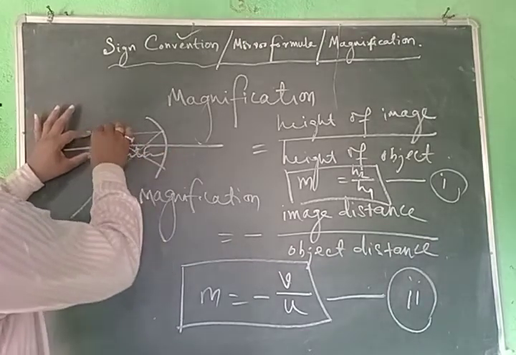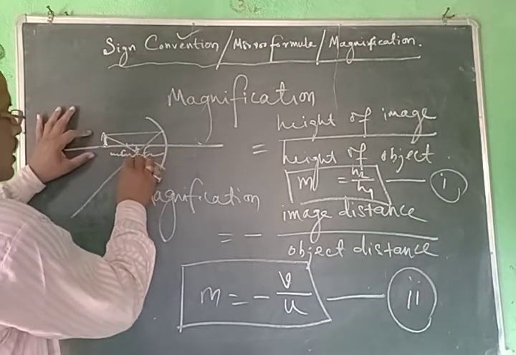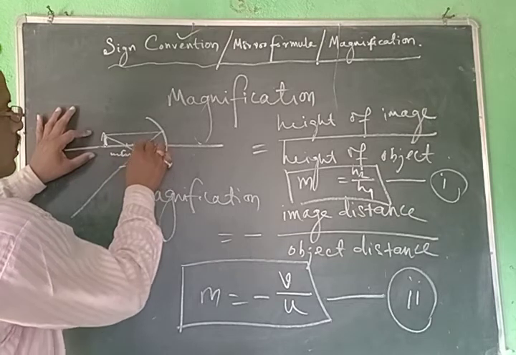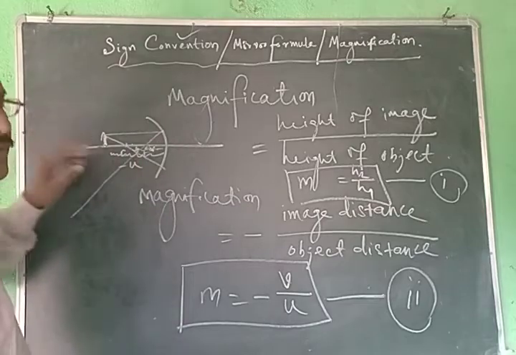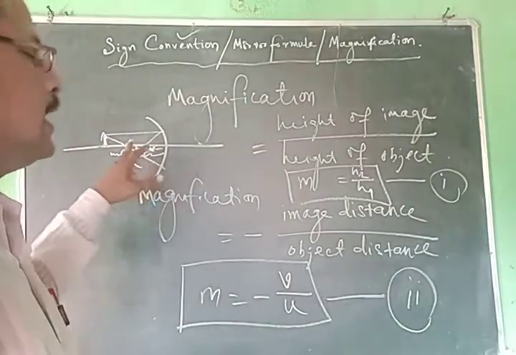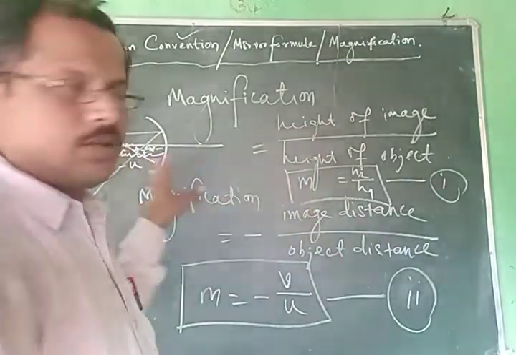This is the height of the image. This is called the object distance, and this is called the image distance. And in case of concave mirror, we write it like this.